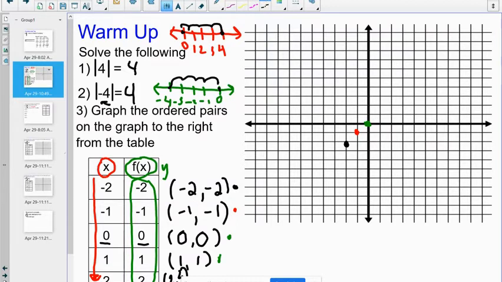Blue, which is 1 in the x direction, positive, going positive and up. So +1, +1. And last but not least, we have the point 2, comma 2. So that's going to be 2 to the right and 2 up. And now I'm going to draw a line going through both points.